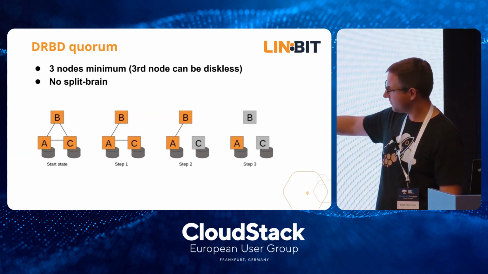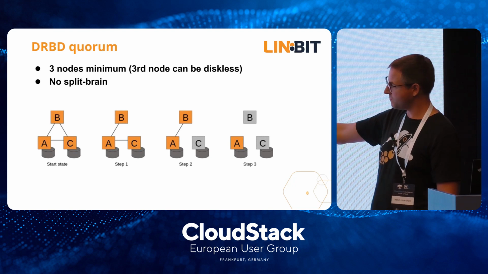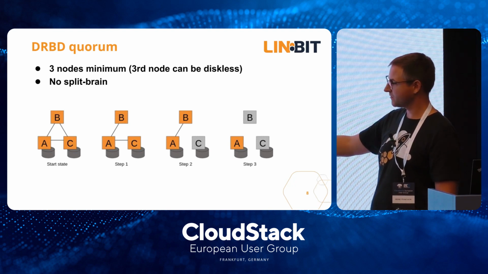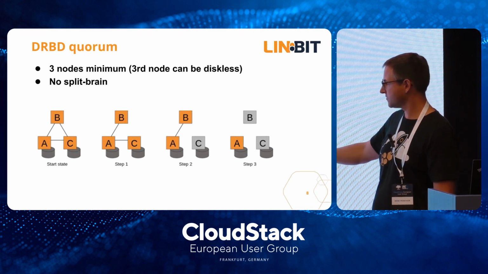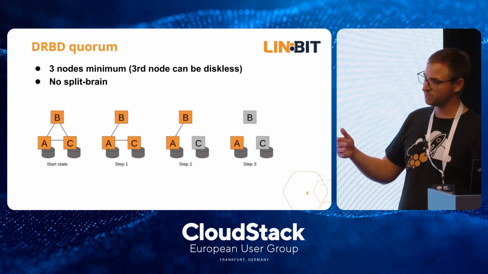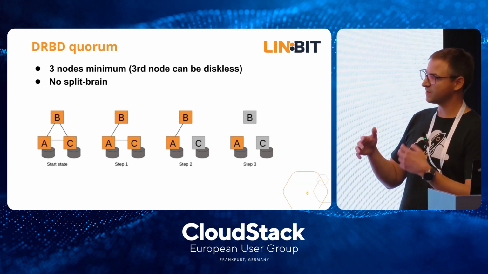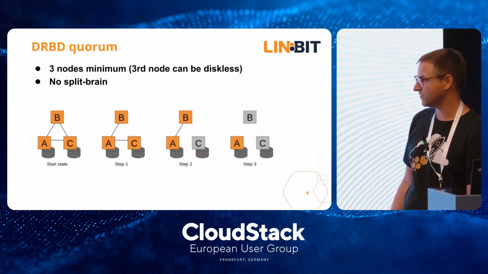And if also the connection to B would drop, A would remember that it had the quorum majority, and B didn't have a connection to C, so it can still keep the quorum majority. So DRBD has to keep track also of previous states to work with that.